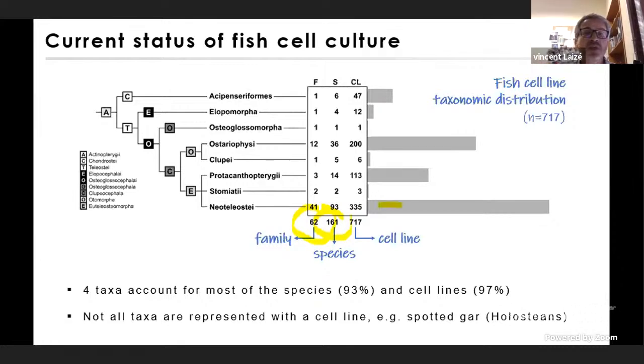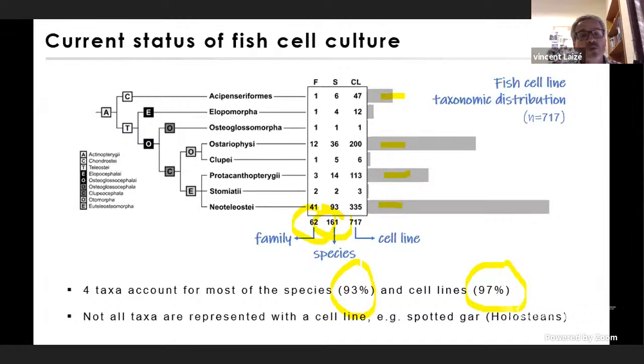The Neoteleostei, the Ostariophysi, the Acipenseriformes, and the Protacanthopterygii account for most of the species, 93%, and also for most of the cell lines, 97%, with a special mention for the Neoteleostei, which account for 47% of the cell lines.